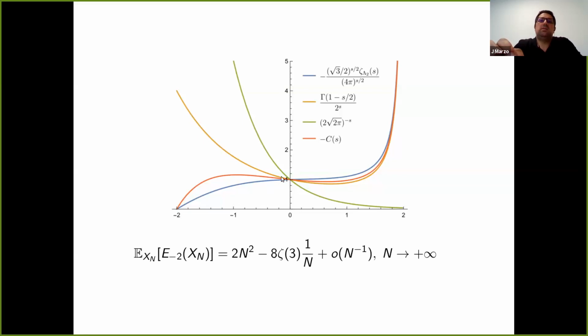And the nice thing is that it also kind of recovers this vanishing dipole phenomenon. You have that this C_s is 0 when s equals -2.